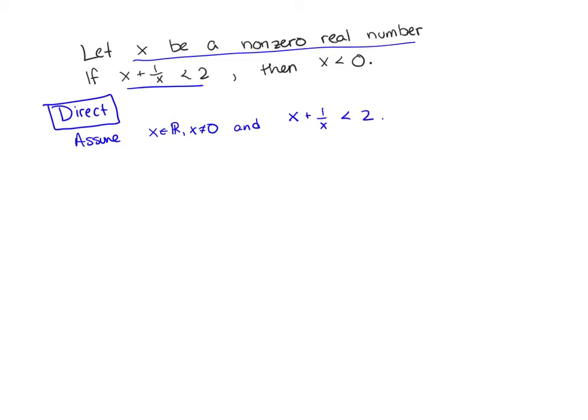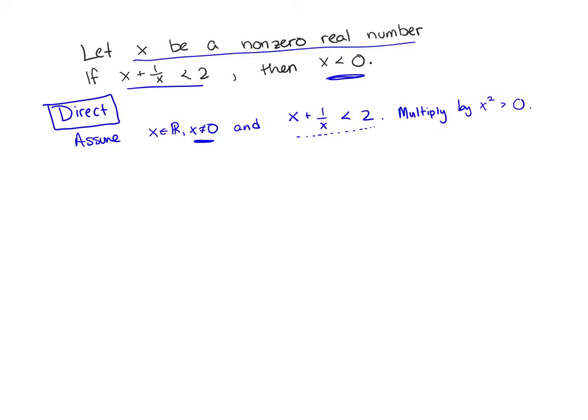Now I need to somehow derive that x is negative. I know that x is non-zero, but I don't know whether it's positive or negative. So I can't just multiply through by x here, because if x was negative, that might change my inequality. But I can multiply by a quantity that I know is positive, and I know that x squared is positive. So let's multiply by x squared, which is greater than 0.